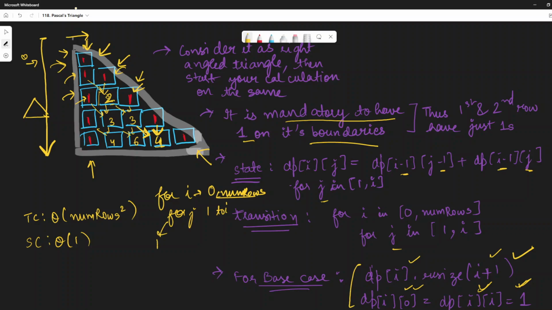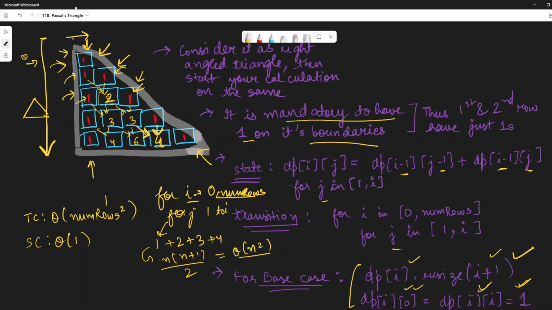So this inner loop would run 1 time, then 2 times, then 3 times, then 4 times. Like this it would run for each value of I, right? Because of that, it completely converts into the Gaussian formula, that is n into n plus 1 by 2, right? So according to this, our time complexity would be simply order of n square.